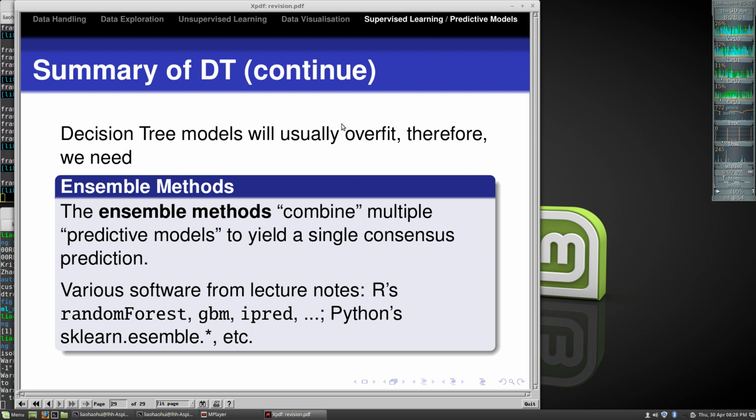As mentioned in revision 1, we need to deal with the problem of overfitting. I mentioned that decision trees will most of the time be overfitting. So ensemble methods are ways to reduce overfitting.